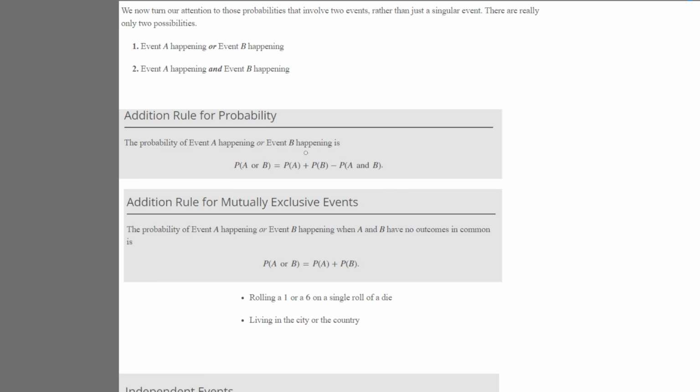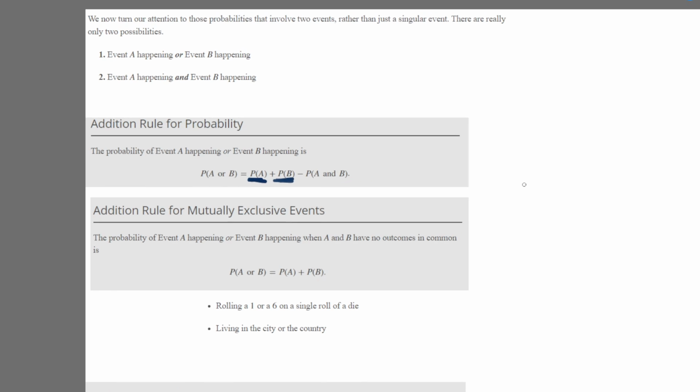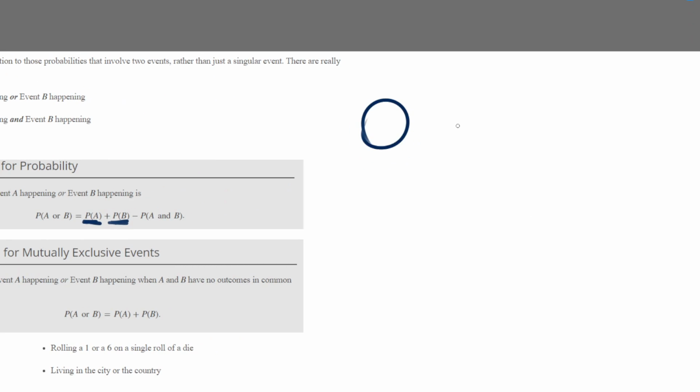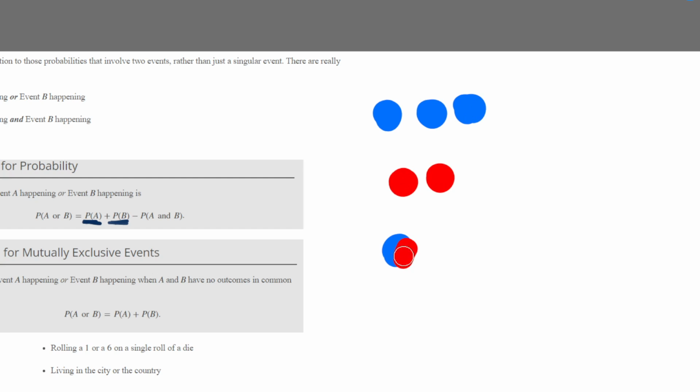So that's basically it. The probability of the first event happening plus the probability of the second event happening, and then minus the probability of A and B happening. So for an example of this, there will be examples with marbles. And we could say that we have 3 blue marbles and 2 red marbles, and we have 2 marbles that are both blue and red, that share.